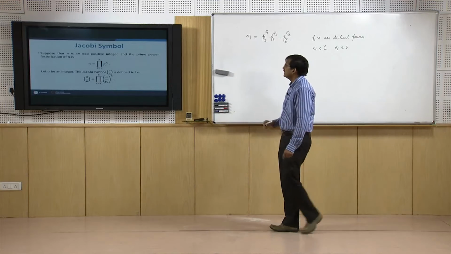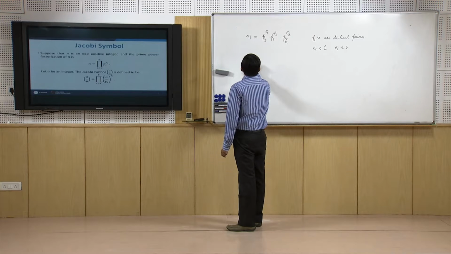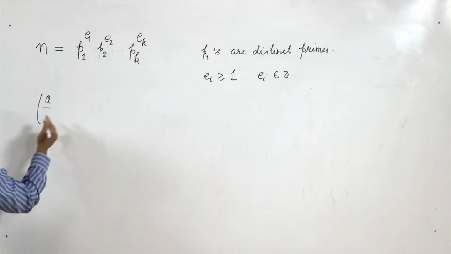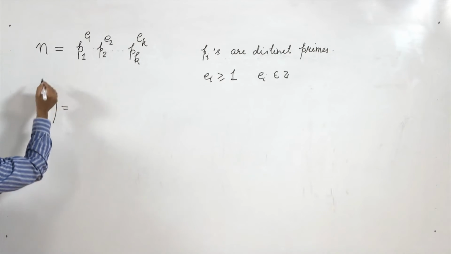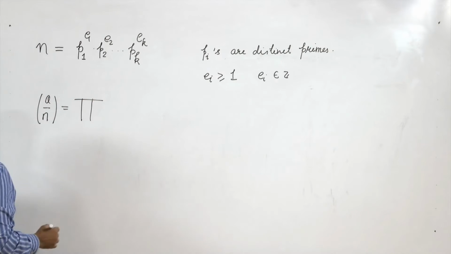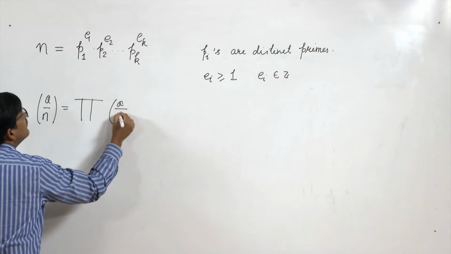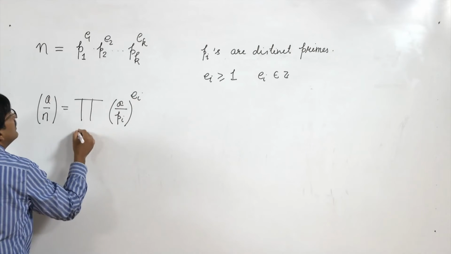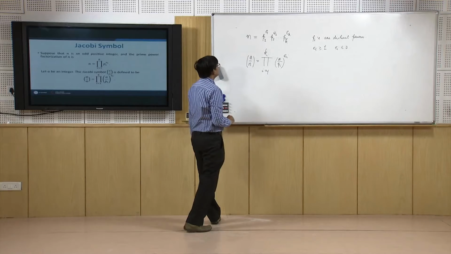Then A by n, the Jacobi symbol, is the product of Legendre symbols of A with respect to each pi raised to the power ei, where i varies from 1 to k.